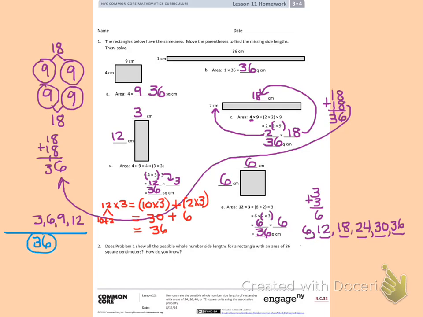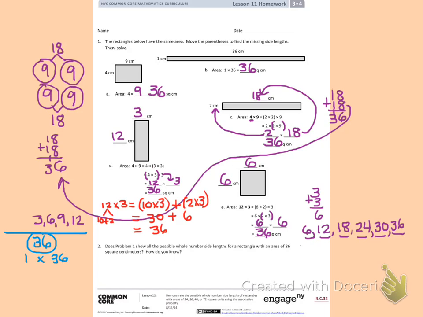I'm going to think about all of the factors I know that when multiplied together get the product of 36. Well, I know that 1 times 36 is 36.